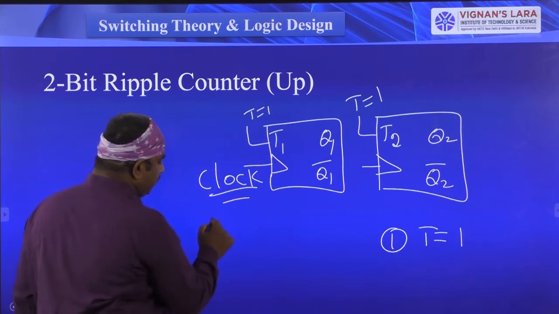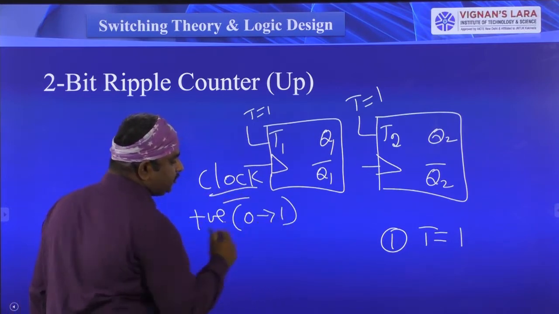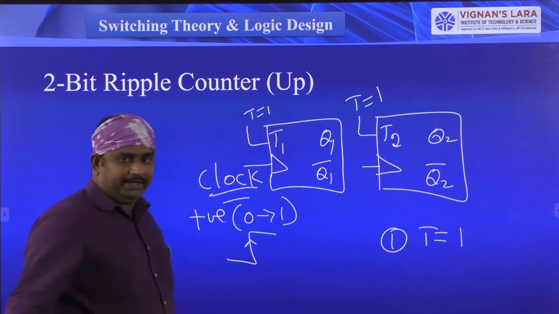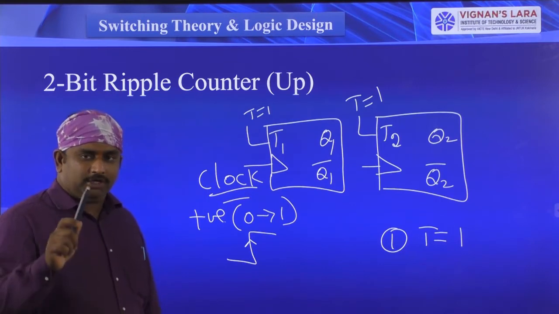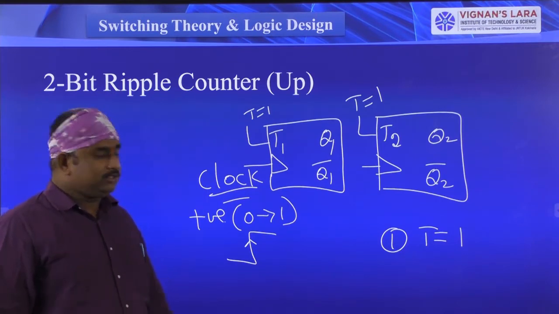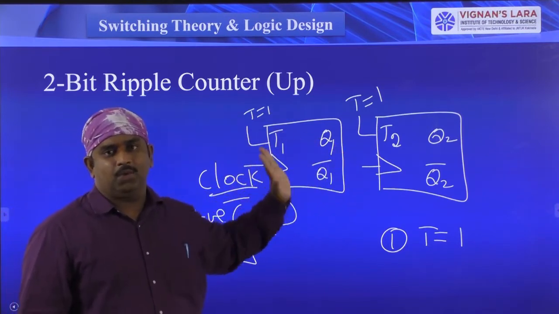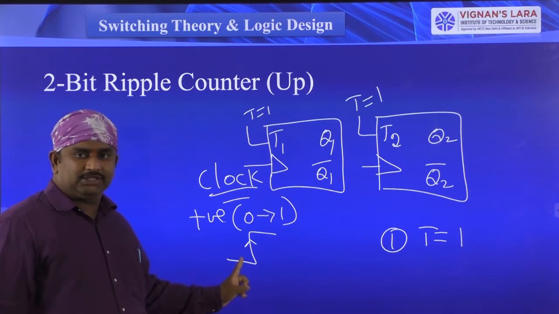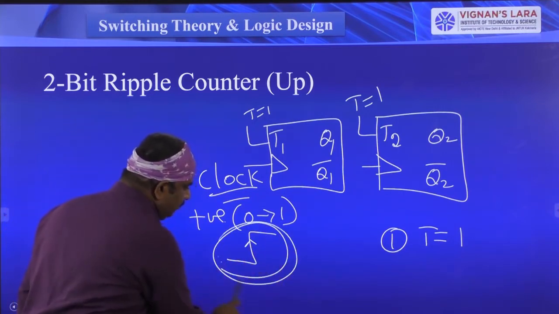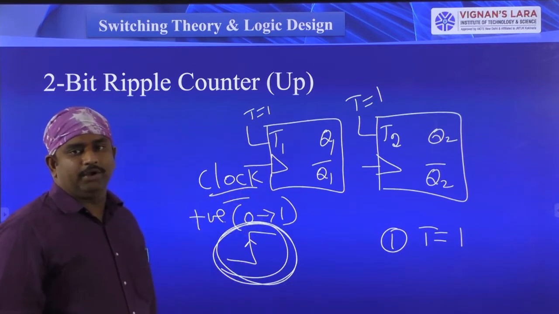When the positive edge is observed, then only the flip-flop is going to work. Both the flip-flops are working for the positive edges only. This is very important.